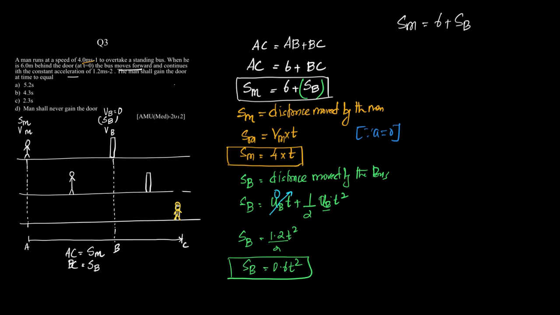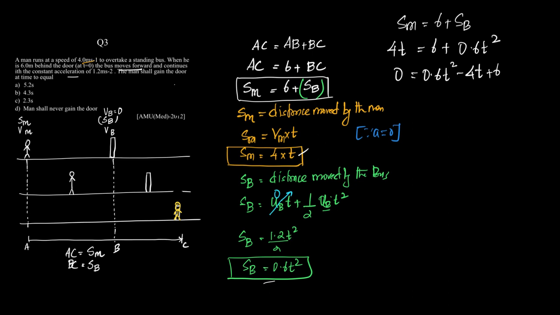SM we have found as 4t, which is equal to 6 plus SB, and SB is 0.6 t square. What we have out of this is a quadratic equation: 0.6 t square minus 4t plus 6 is equal to 0.